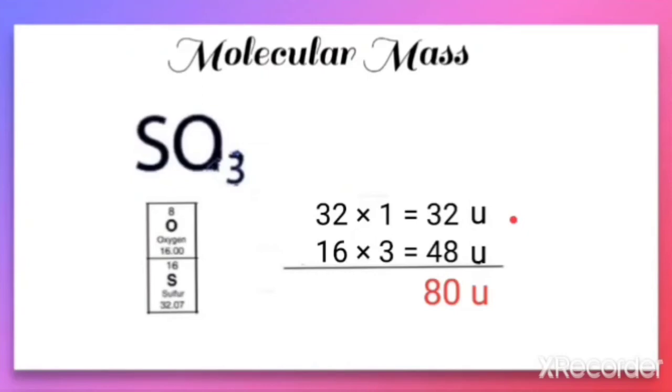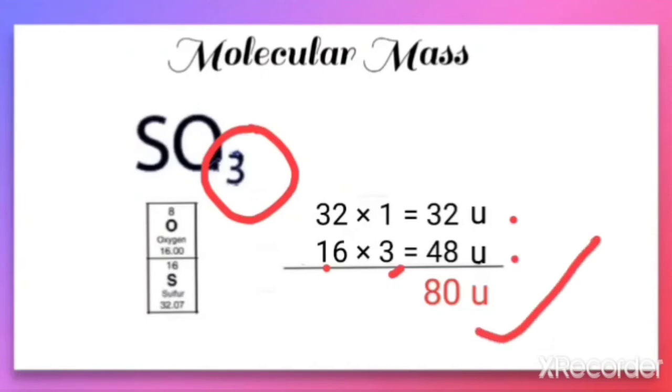The atomic mass for oxygen is 16, and since there are 3 oxygen atoms, we have to multiply with 3, so that gives 48 U. When you make the sum, it gives 80 U. So approximately the molecular mass of sulfur trioxide is 80 U.